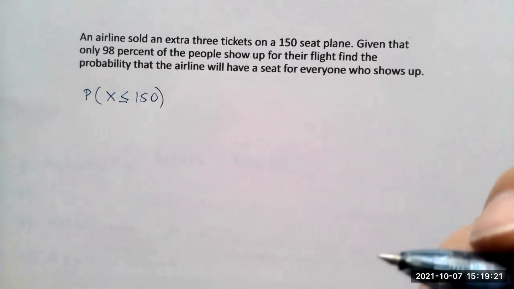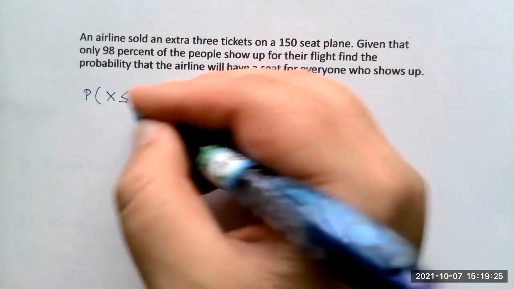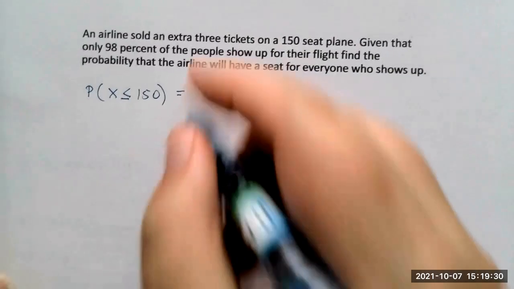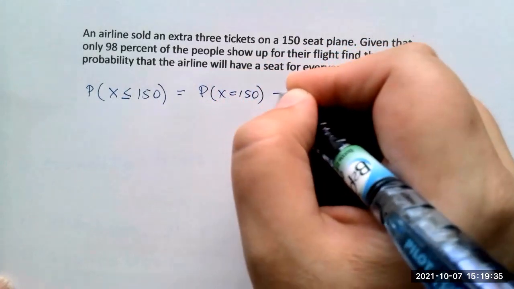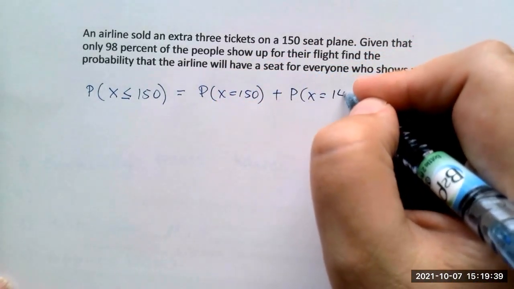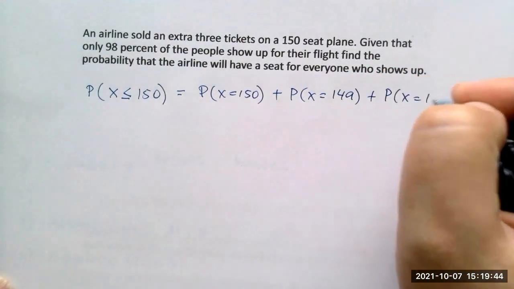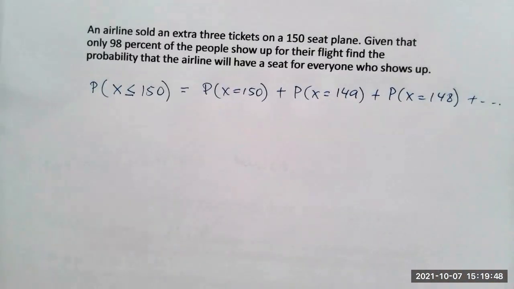Okay, so now if you think about the probability that we need to figure out, we need the probability that 150 people show up, right? Or the probability of 149 shows up, or the probability of 148 shows up, and so forth up until 1. So this is a cumulative probability, right?